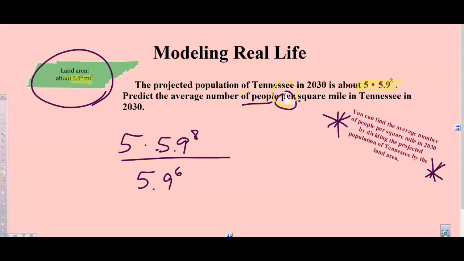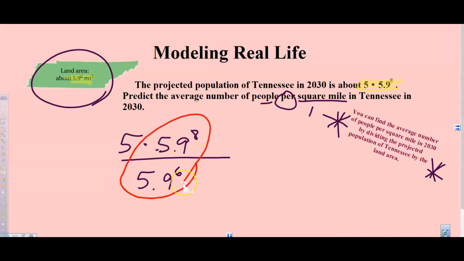So it's people per square mile. Well, this is representing our amount of people that we're predicting to have, and this is our amount of land that we have. Okay? So per square mile. First of all, reminder, the quotient of powers property only works with the same base.